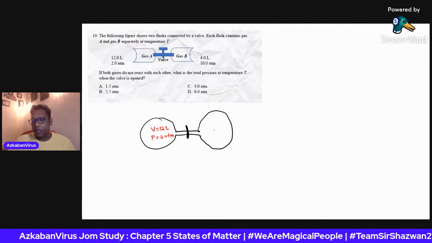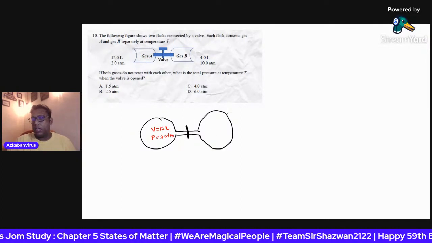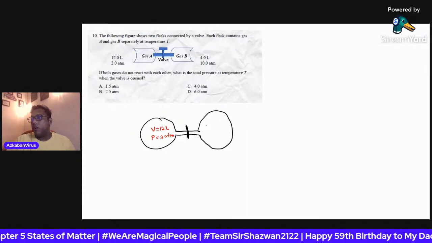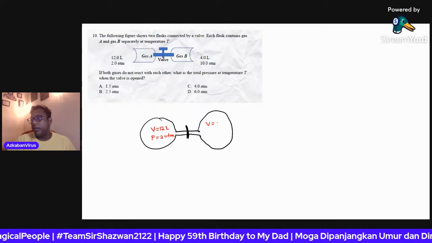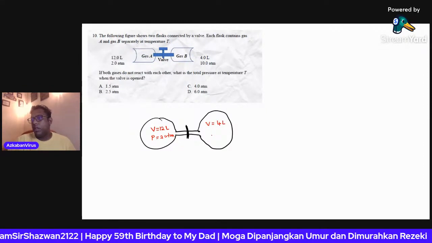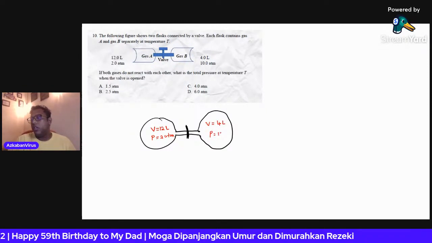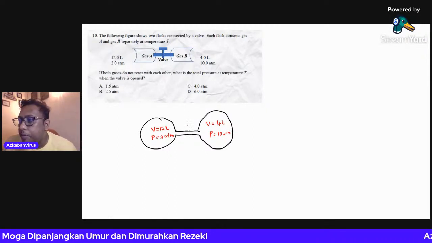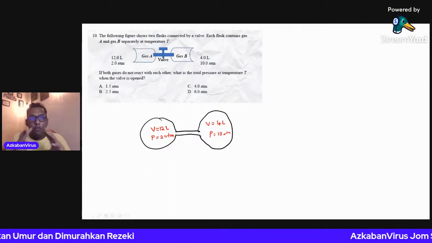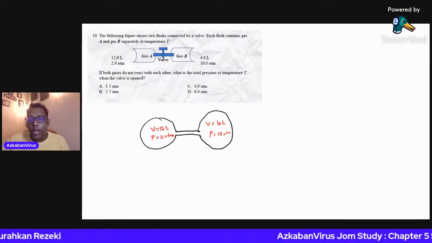Ini volume dia adalah 4 liter. Pressure dia adalah 10 atm. So, apa yang berlaku kat sini adalah bila you buka, okay, volume dia tu bertambah. So, betul lah apa yang Puan Amal ni cakap ni.